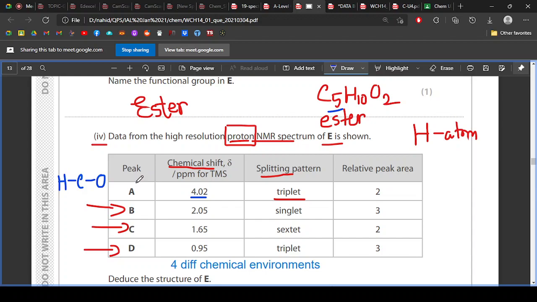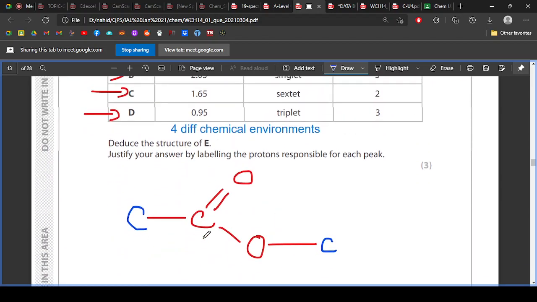So here, which carbon is joined with an oxygen single bondedly? This one, right? Now this can have a hydrogen.